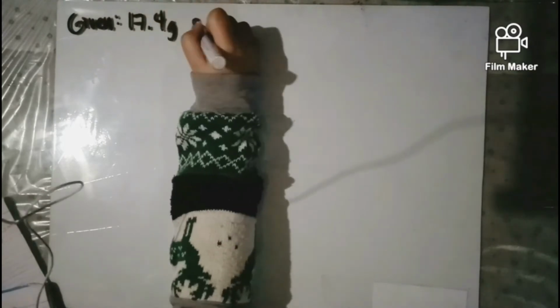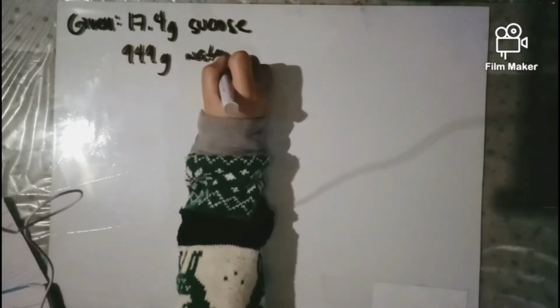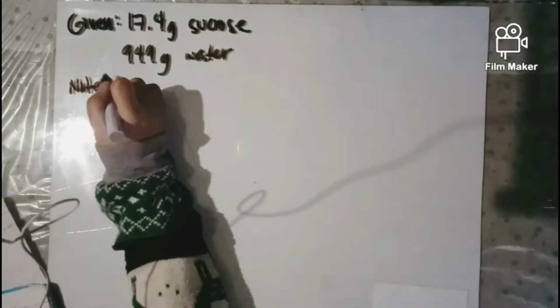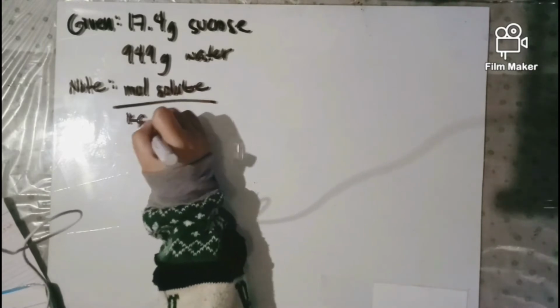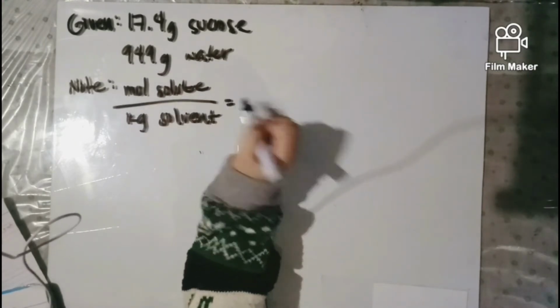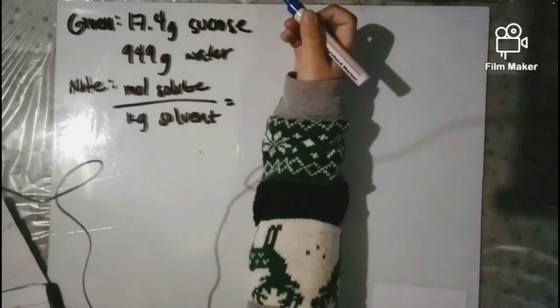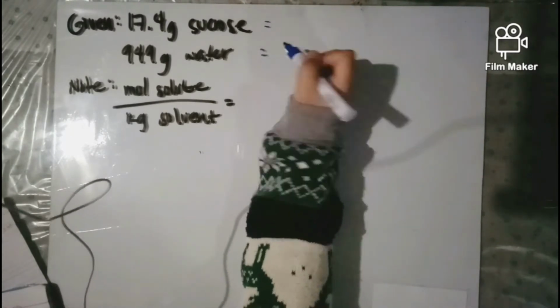The given are 17.4 gram of sucrose and 949 gram of water. In getting the molality, you need to use the formula moles of solute over kilograms of solvent. We all know that the solute is the sucrose and the solvent is the water.